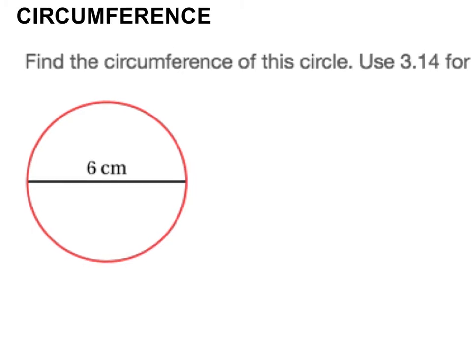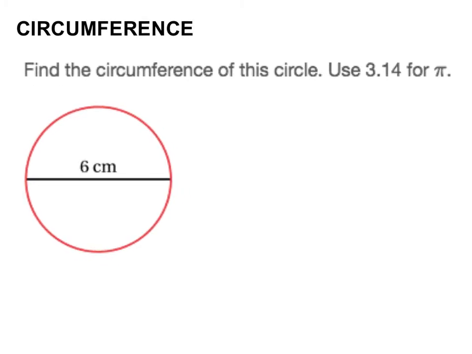On this one, it says find the circumference of the circle, use 3.14 for pi. In this circle, I'm given the diameter. So I usually write down C is equal to pi times D. My diameter here is 6 centimeters, and we want to use 3.14 for pi.